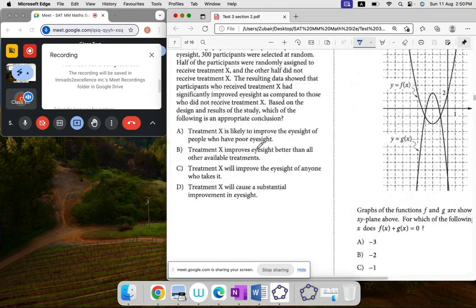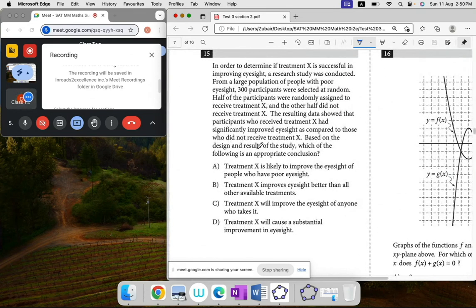I hate these statement questions. In order to determine if treatment X is successful in improving eyesight, a research study was conducted from a large population of people with poor eyesight. 300 participants were selected at random. Half of the participants were randomly assigned to receive treatment X, and the other half did not. The resulting data showed that the participants who received treatment X had significantly improved eyesight as compared to those who did not.